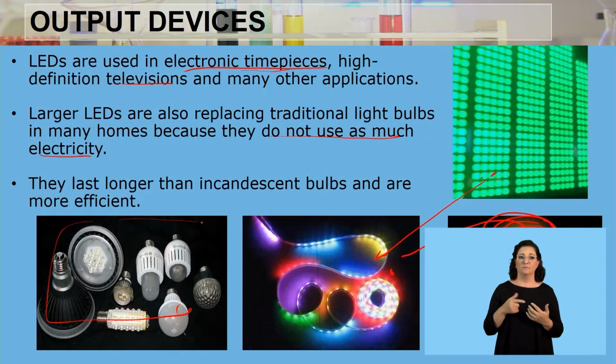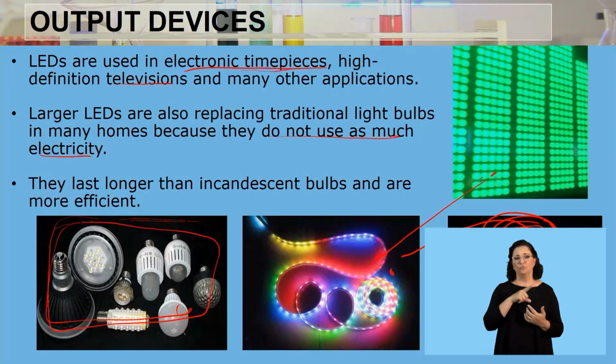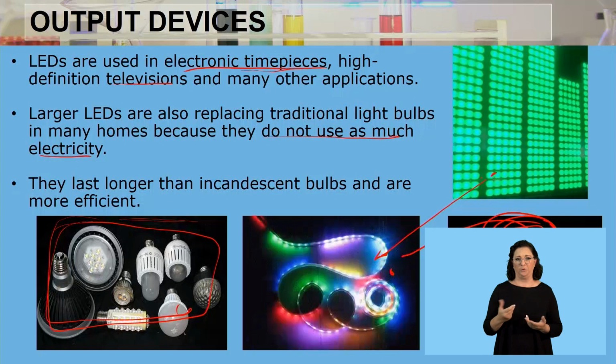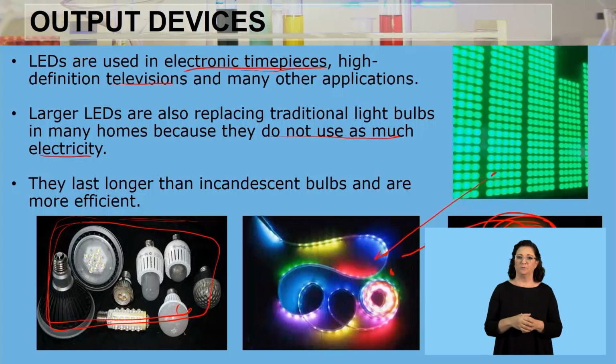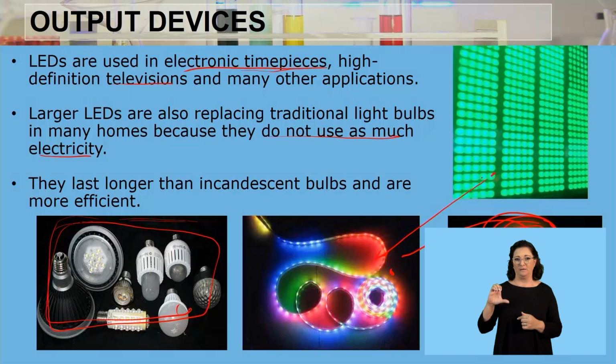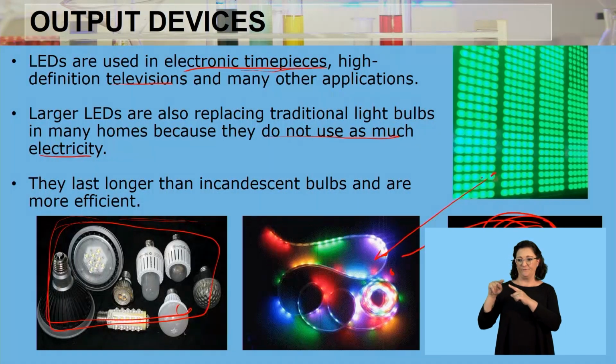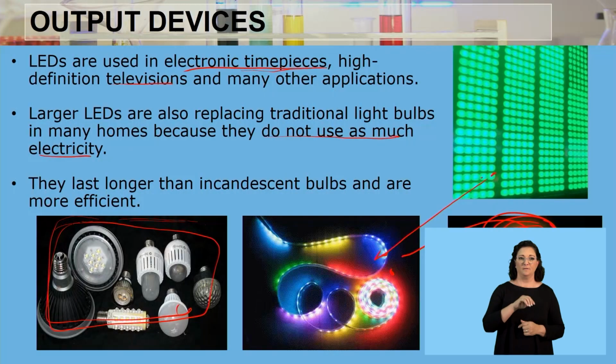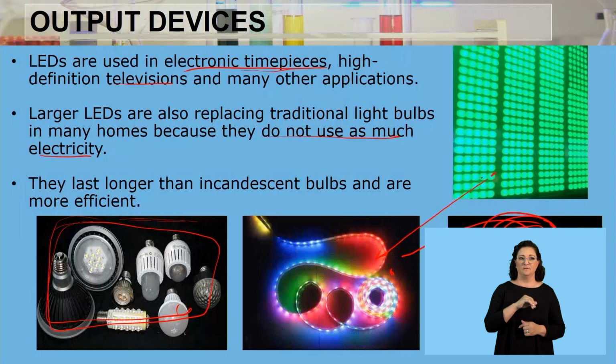It takes a while for LED lights to run out, so they last longer than incandescent lights, and therefore they are said to be more efficient. The difference between the two is that incandescent lights don't last that long, so they have to be replaced every now and then, whereas the lifespan of LED lights is extremely long.